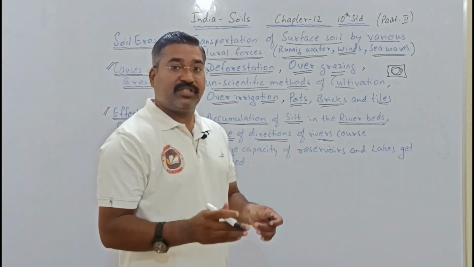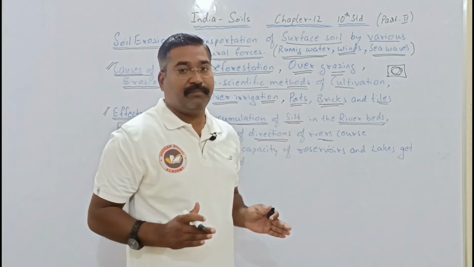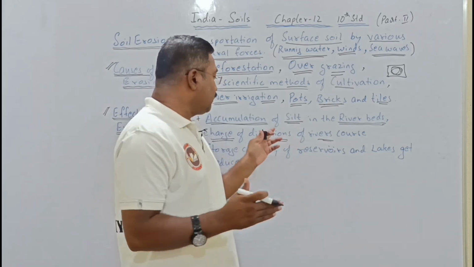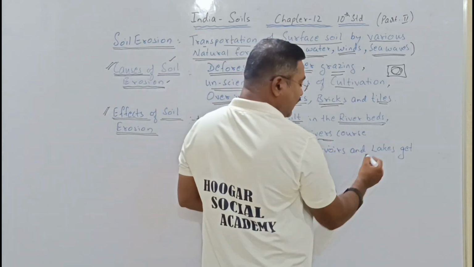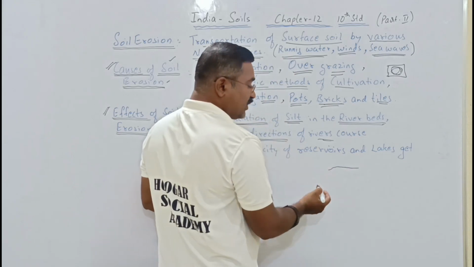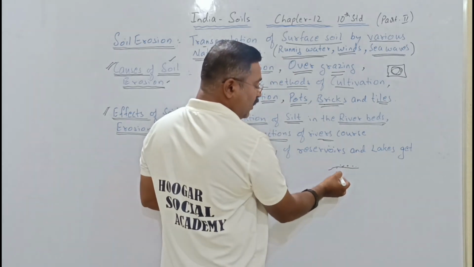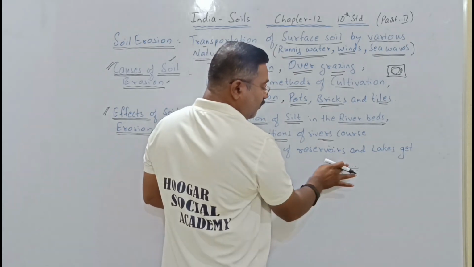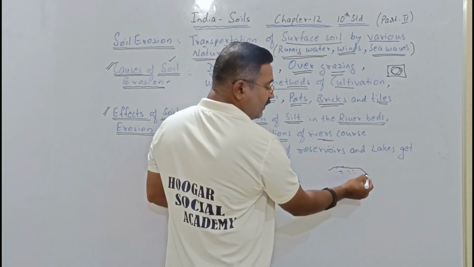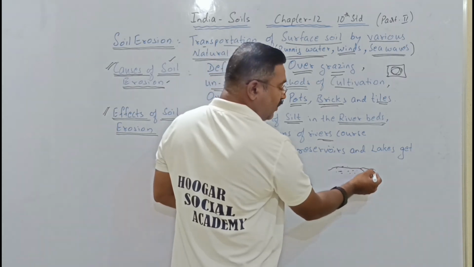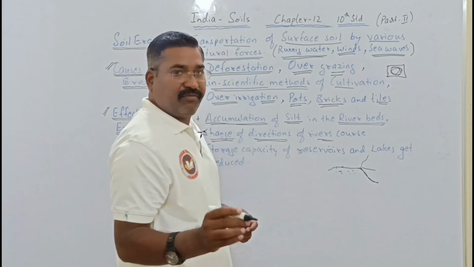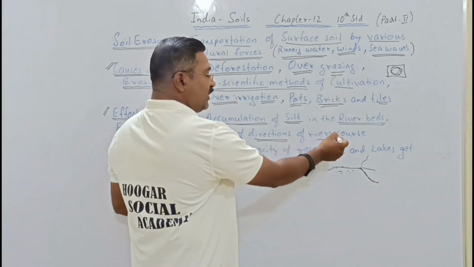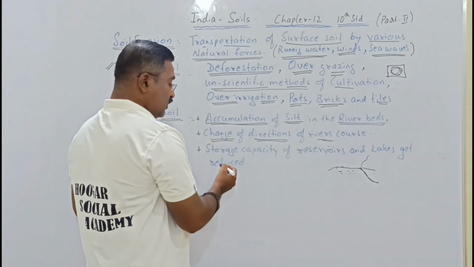A river moving on a proper path, due to too much accumulation of silt, can change its direction. If a river is moving in this direction and a huge amount of silt accumulates here, the river can change its direction, moving to the left or right, whichever area it can. So it can change the river course.